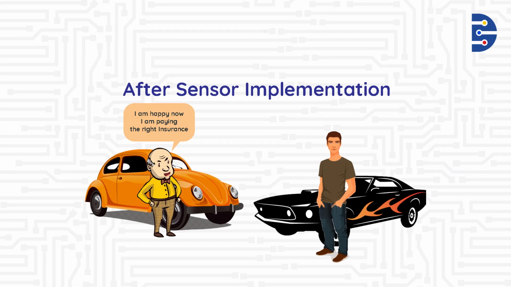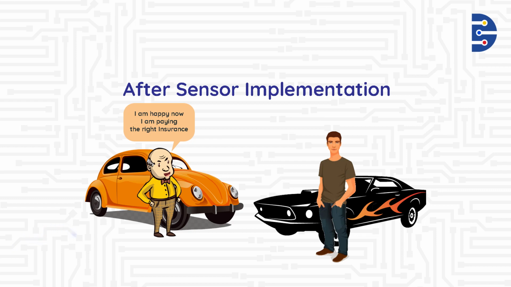What the sensors do? The sensors track the entire behavior of the driver in the car and they create a driver profile. And as soon as the driver profile is created, it is easier for insurance companies to derive the individual premium for each driver.